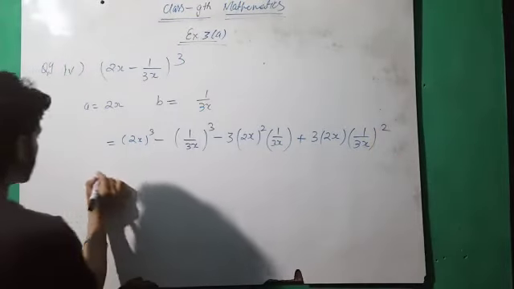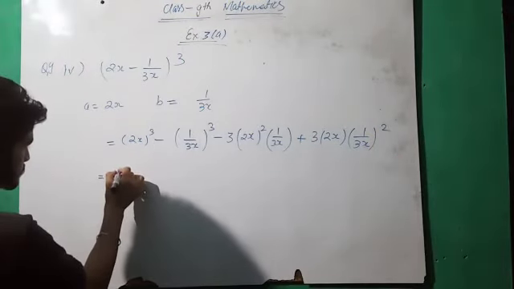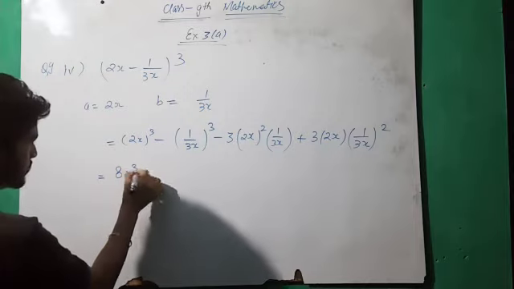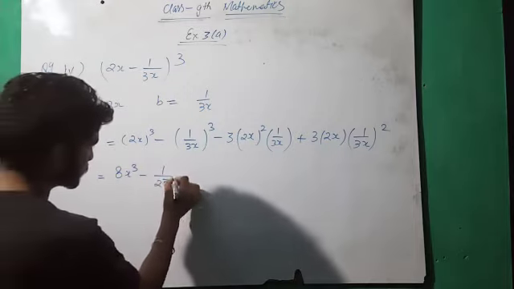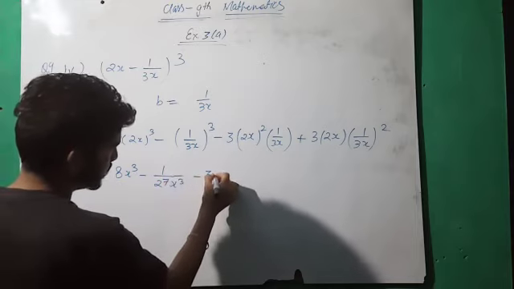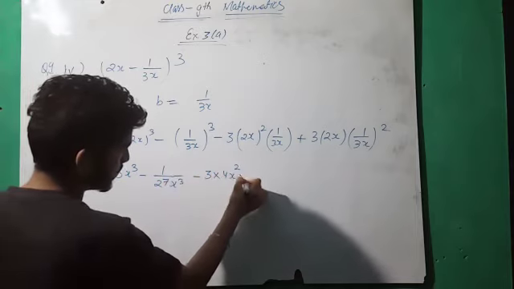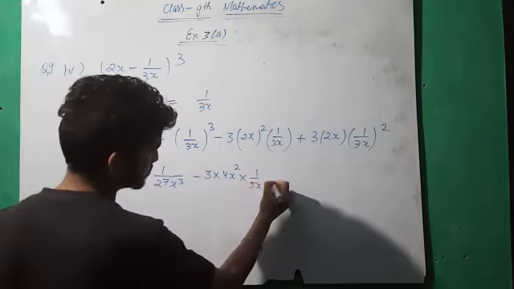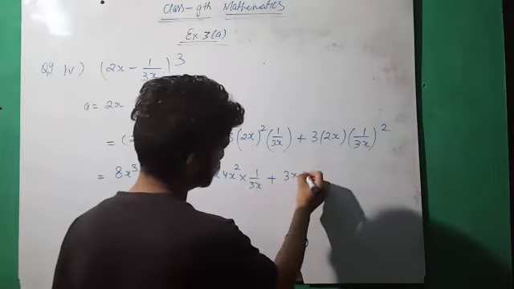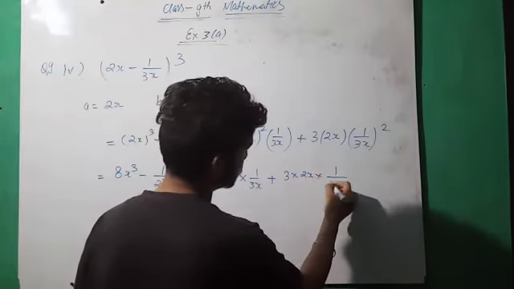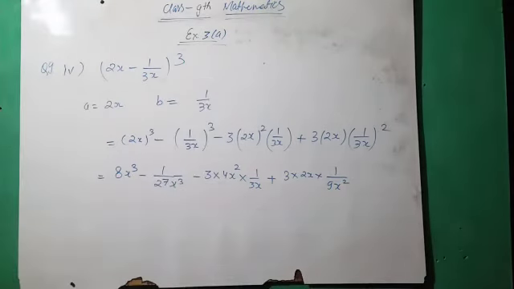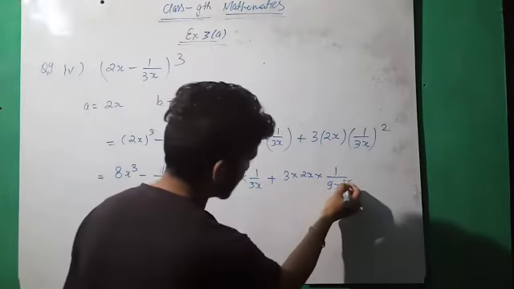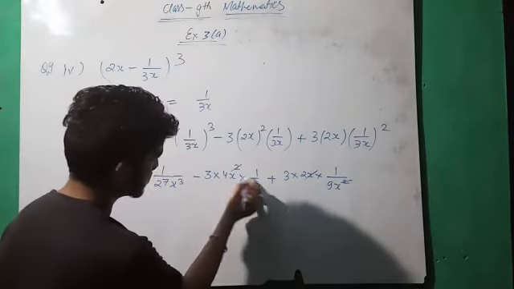So 8x cube minus 1 by 27x cube minus 3 into 4x square into 1 by 3x, plus 3 into 2x into 1 upon 9x square. Cancel the terms, like x cancels with this x.